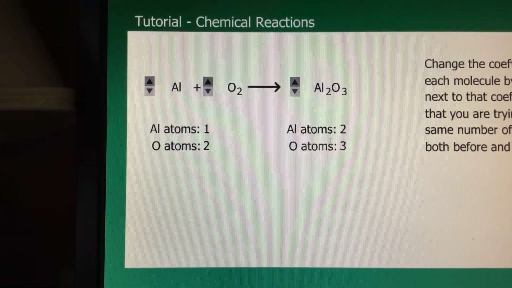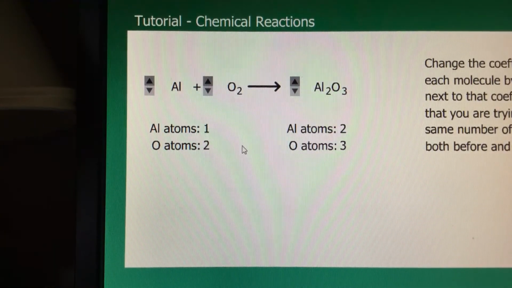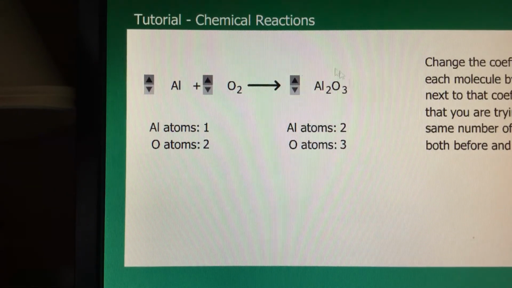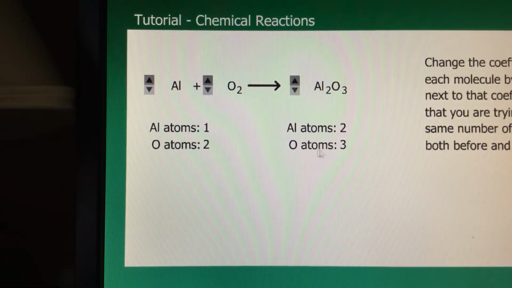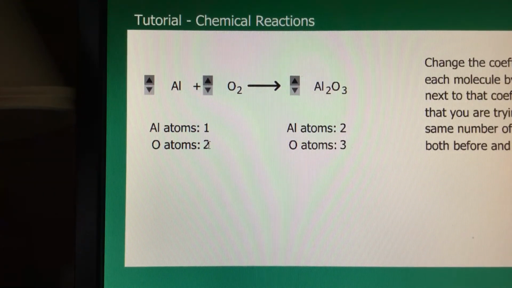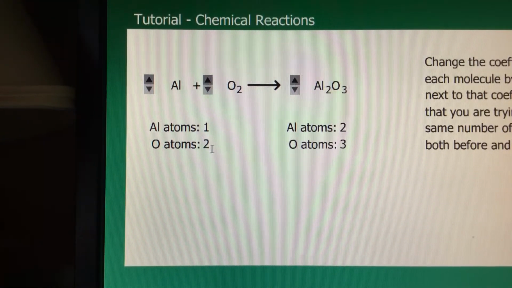Let's do the same thing again. Let's use some arrows here. We're going to take this aluminum oxide and we're going to fix it. We have 3 oxygen as a product and 2 oxygen atoms as the reactant. I'm going to start with those because I have an odd and an even number. That's just a little trick.